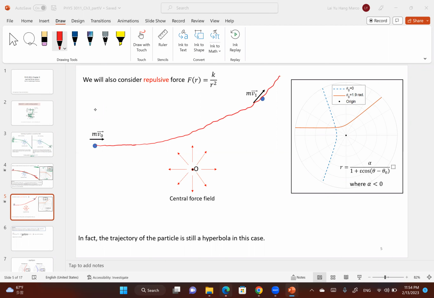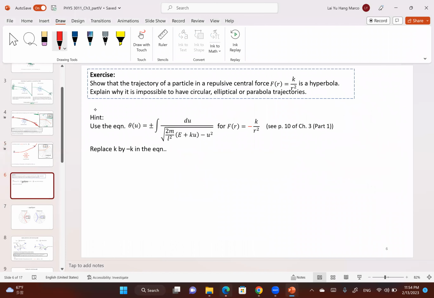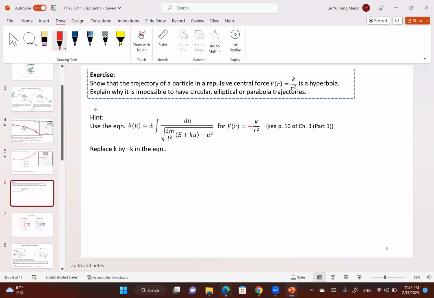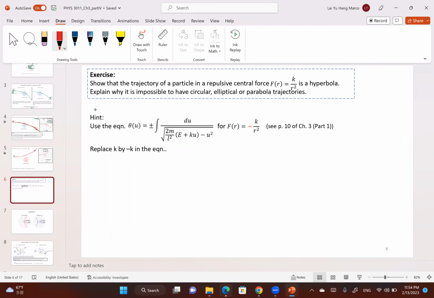Okay, so let's prove mathematically how we have also a hyperbola for the repulsive central force field.